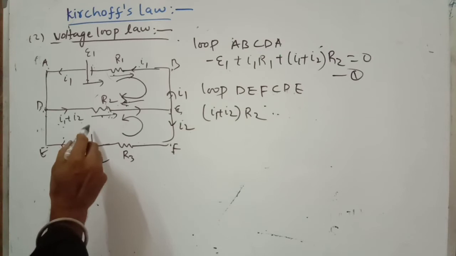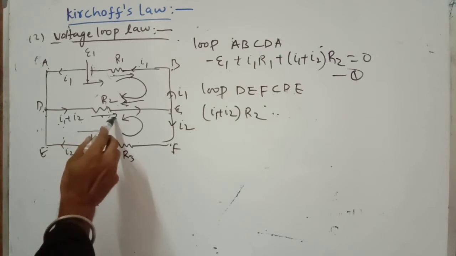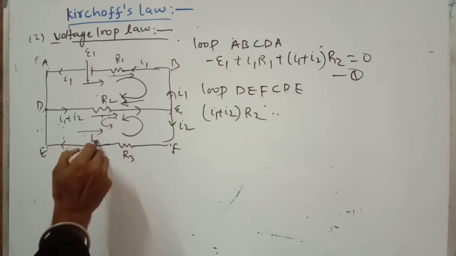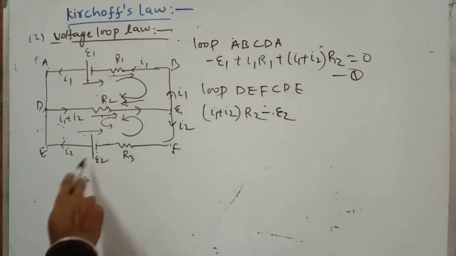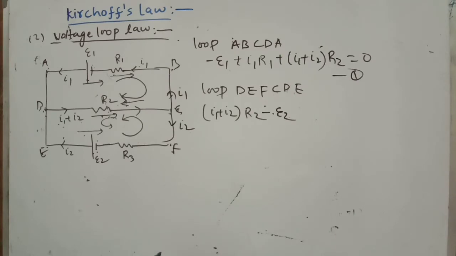Your considered direction goes from positive plate to negative plate, so here we write minus E2. The potential difference will be negative across the cell.